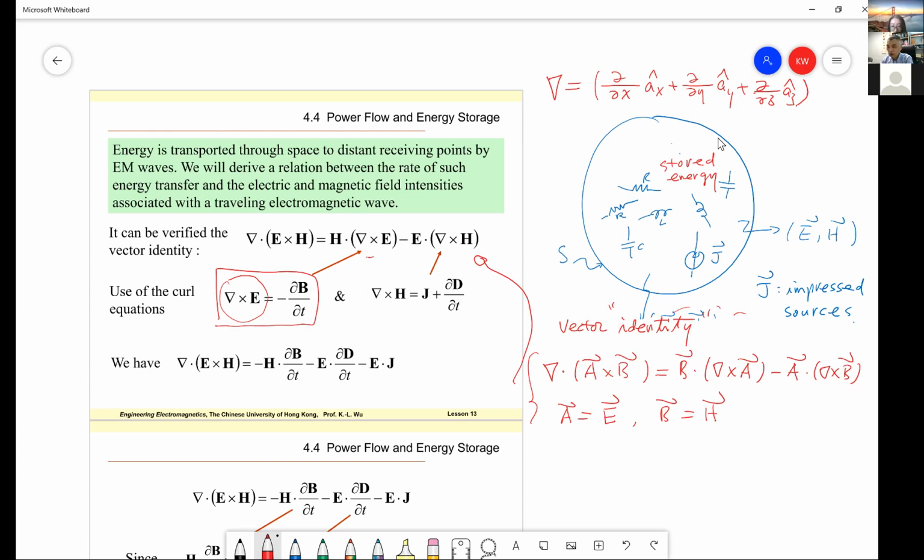We also know the curl of magnetic field H follows Ampere's law. Ampere's law includes the impressed current, the current. And the second term is also a current. This current is called displacement current.